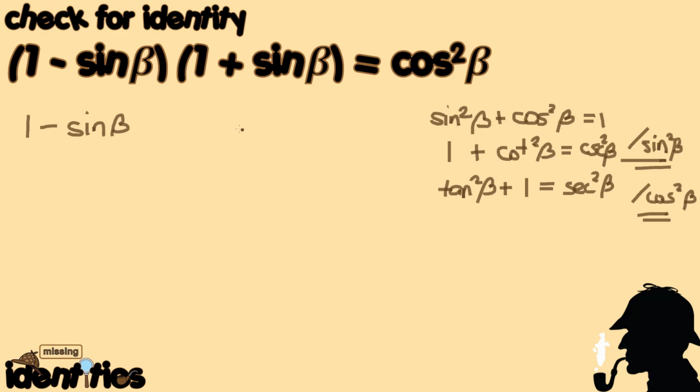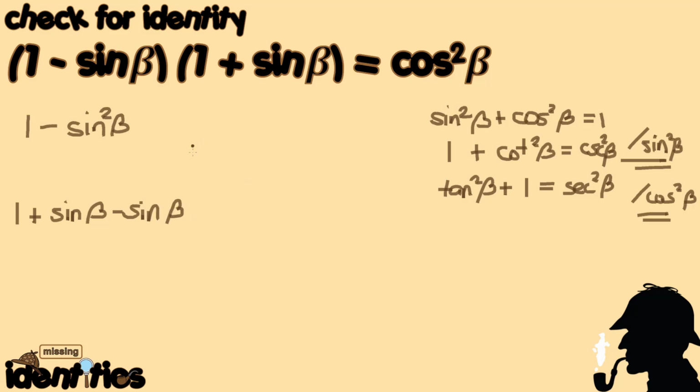If you would like to, you could also proceed with the FOIL method. 1 times 1 is 1. Outer, 1 times positive sine beta is plus sine beta. Inner, negative sine beta times 1 is minus sine beta.